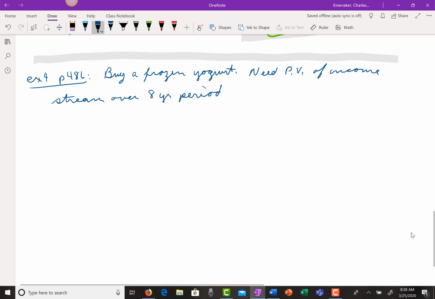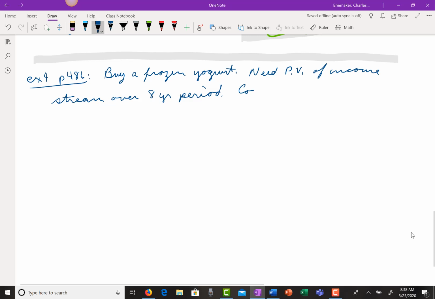The idea here is you want to get some idea of right now what they're charging you for this franchise. Okay, and they tell you that the franchise licensing fee is the present value of an 8-year projected income stream. And they give you some amount of money, and it's going to be a large amount of money for something as successful as a McDonald's. Let's say this is a very successful frozen yogurt franchise.